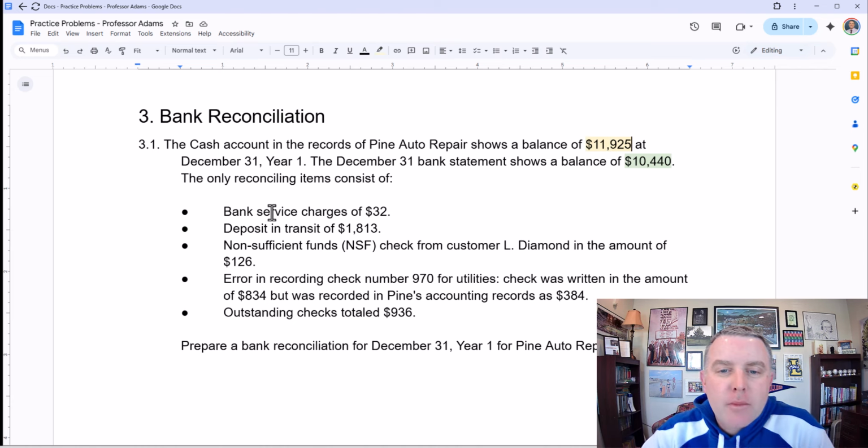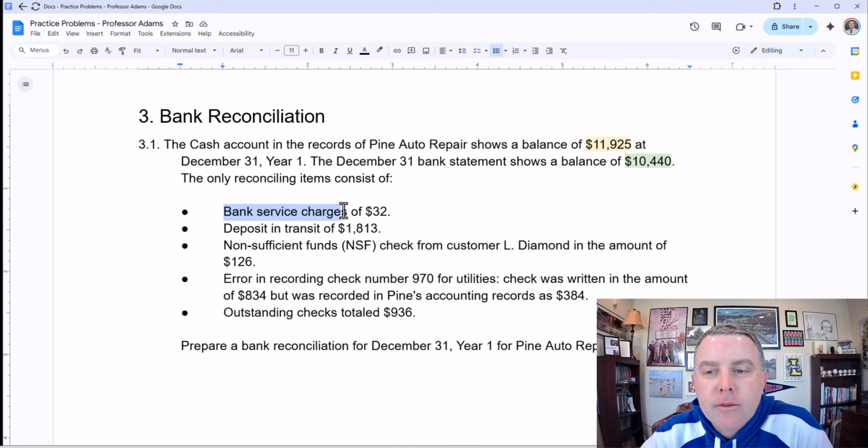Okay. Well, then the problem tells us there are some things in here that either we are missing as Pine Auto Repairs or the bank is missing in their bank statement. So the first thing says there's a bank service charge of $32. That bank service charge is in the bank statement. The reason we know that there has been a service charge is because we reviewed the bank statement and we see the service charge there.